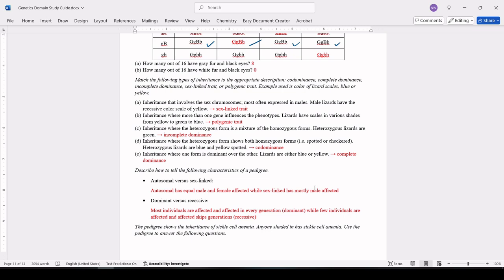Either you have blue or you have yellow. And so really with these, you just need to know how to tell. That's the big thing here, is how to tell which inheritance or which type it is based on a description. So in this, there's a different example. So like male lizards have the recessive color yellow. So being able to use those and pick those out.